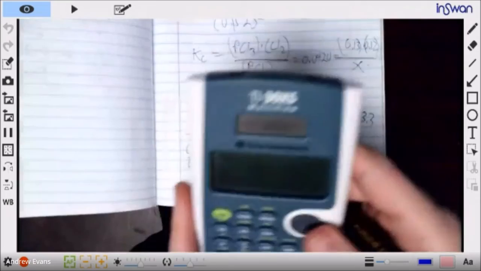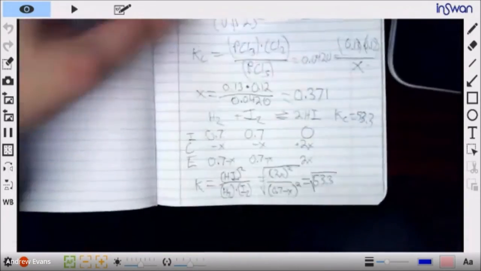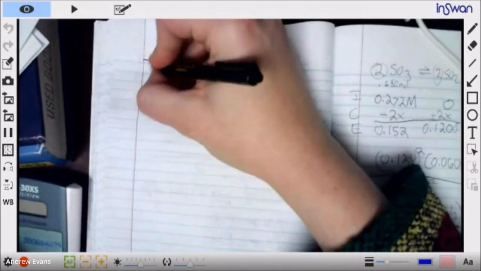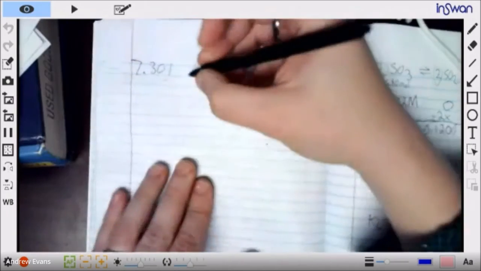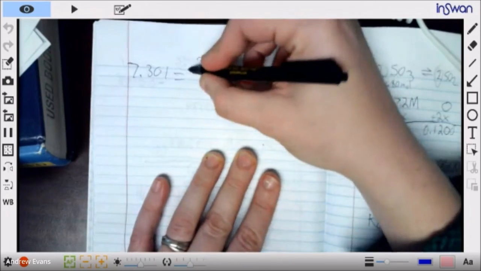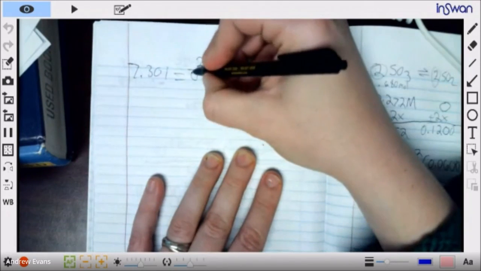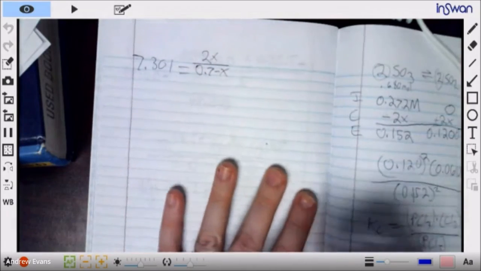So the square root of 53.3 is 7.301. And the square root of 2x squared is 2x. The square root of 0.7 minus x squared is 0.7 minus x.